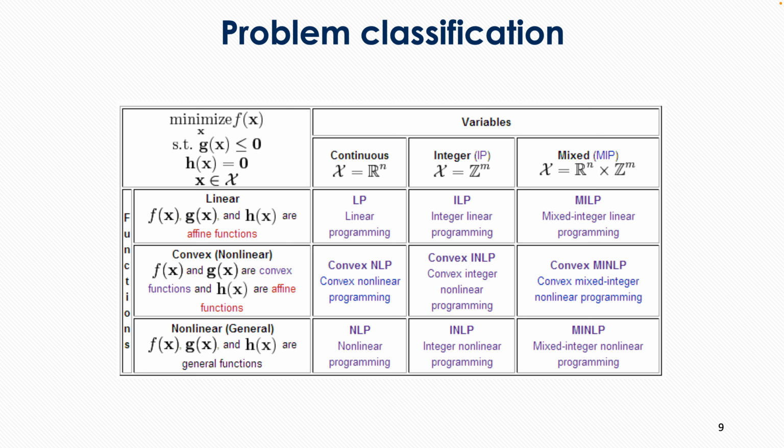So generally speaking, the more you go this way, the more complex, and the more you go this way, the more complex. If you're in the world of mixed integer nonlinear programming, those are computationally the most difficult to solve, the most computationally intractable.